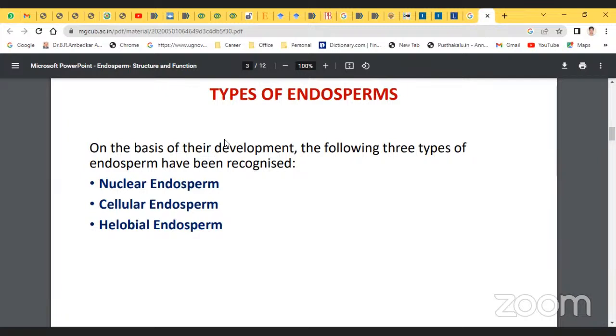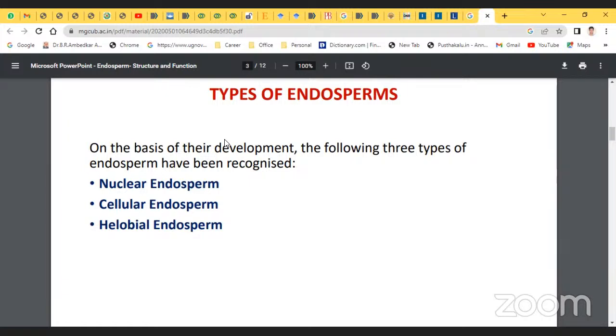The first one is the nuclear endosperm, the second one is the cellular endosperm, and the third one is the helobial endosperm. How many types of endosperms? 3 types. What is the first type? Nuclear endosperm, cellular endosperm, helobial endosperm.